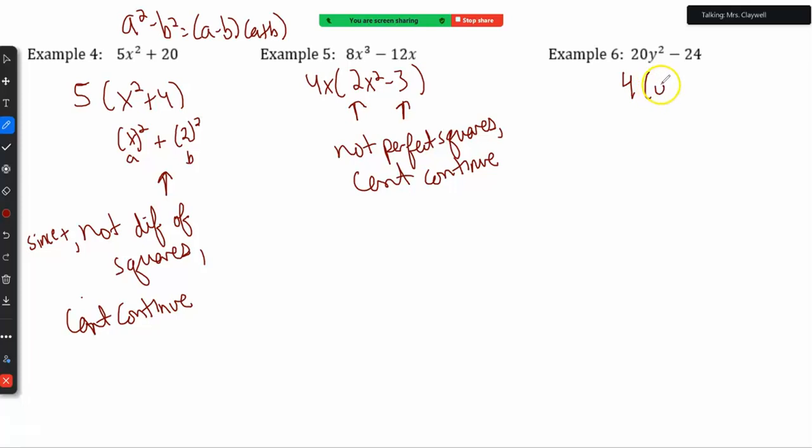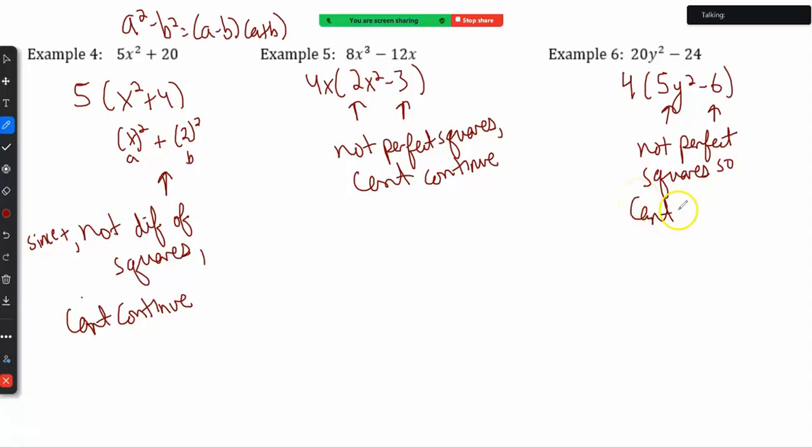Last one, I can pull out a 4. 5 and 6 are not perfect squares. So I can't continue. So I would just factor what I can.